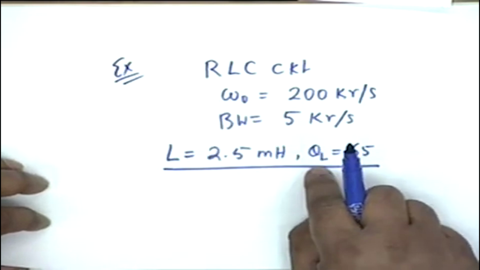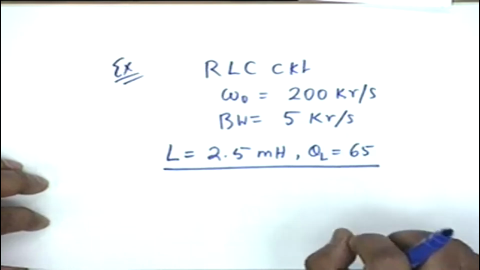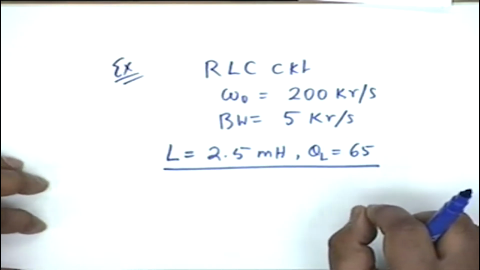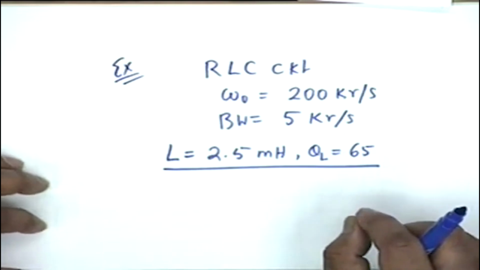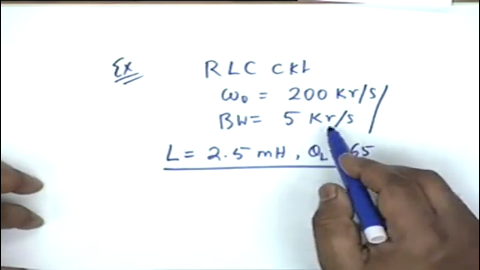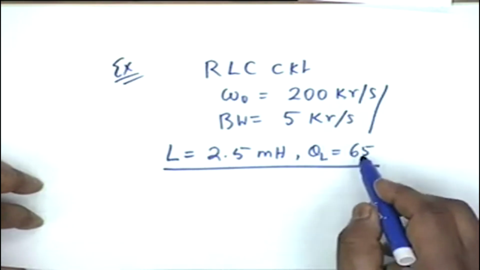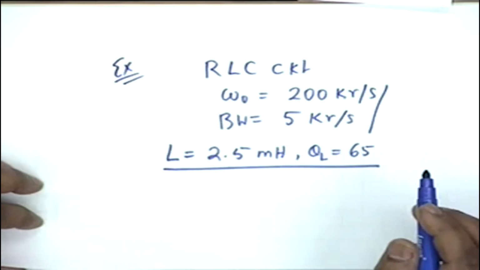The resistance is not expressed directly, it is expressed in terms of Q, and Q is 65. Now, do you see that in this circuit you have to add a resistance? Yes, because the selectivity, as you can see from here, is 40, and therefore it has to be reduced from 65. In other words, you have to add a resistance.